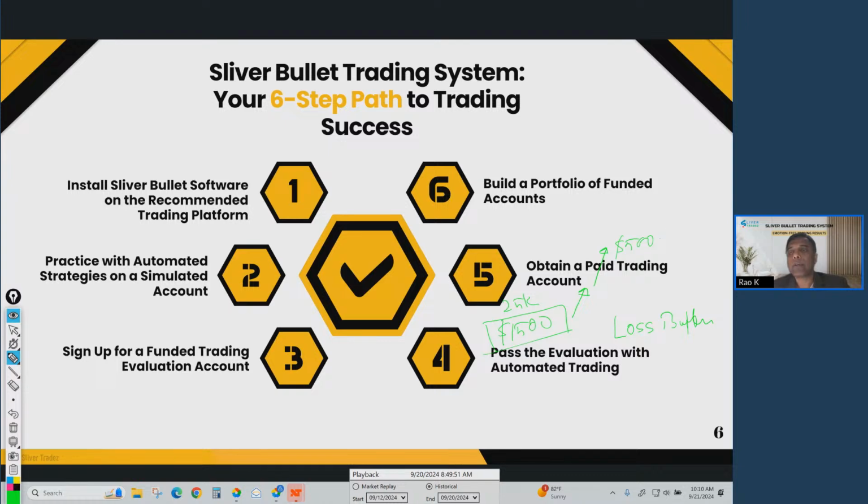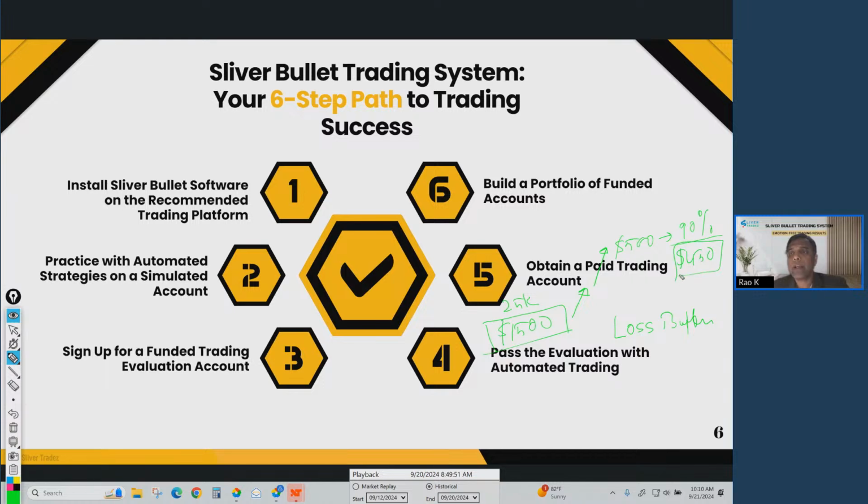You can withdraw 90% of it. 90% is yours, and 10% goes to the funding company. That's $50. $50 goes to the funding company because that's their business model. They have put their money at risk, and they want some profit as well. So for their risk, a 10% fee is nominal in my mind, and we should not grudge paying them the 10% because 90% is ours.